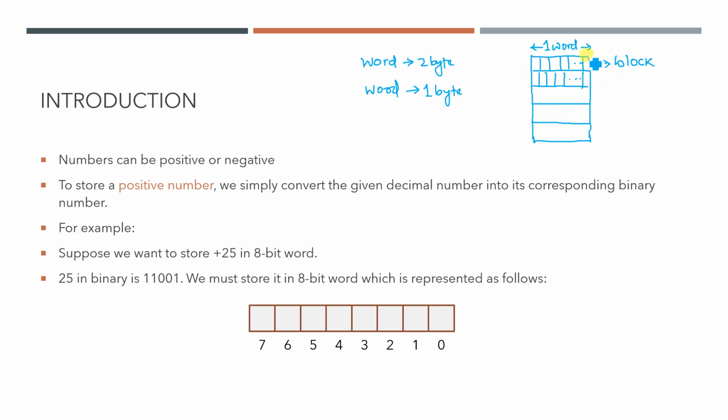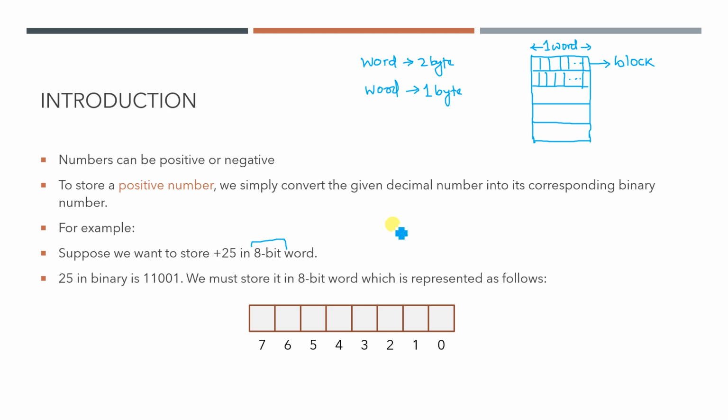But remember, in a single memory the word size is not different, always the word size is the same. So now the question given is that suppose we want to store plus 25 in an 8-bit word. That means the word size of that particular memory system in our computer is 8-bit.